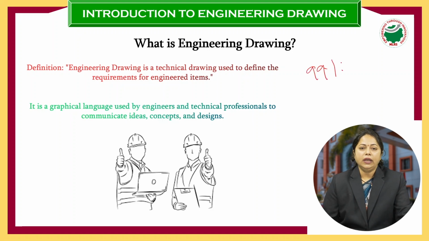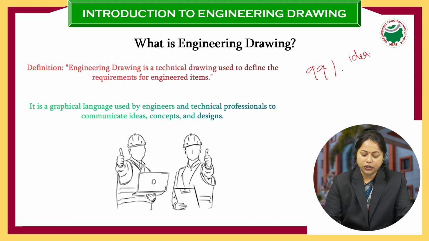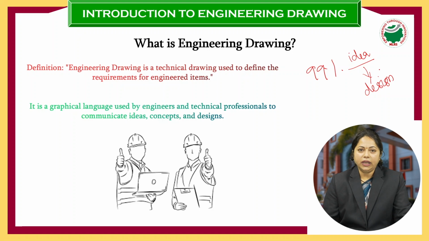You pick anything, from the pin we use, to the computer on which we are working, to the camera which is focusing on me. Before any product is launched into the market, it goes through many processes. The very first one is idea generation. After the idea has been generated, we talk about the design. Without any design, it is highly difficult to put the material together and launch the product into the market.